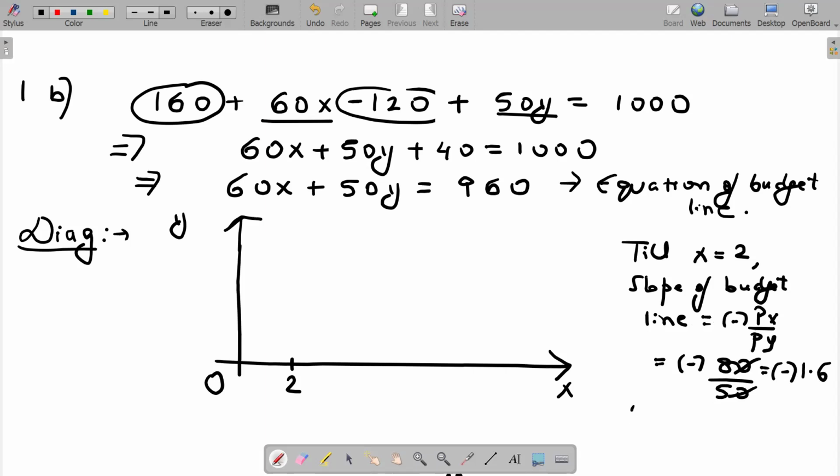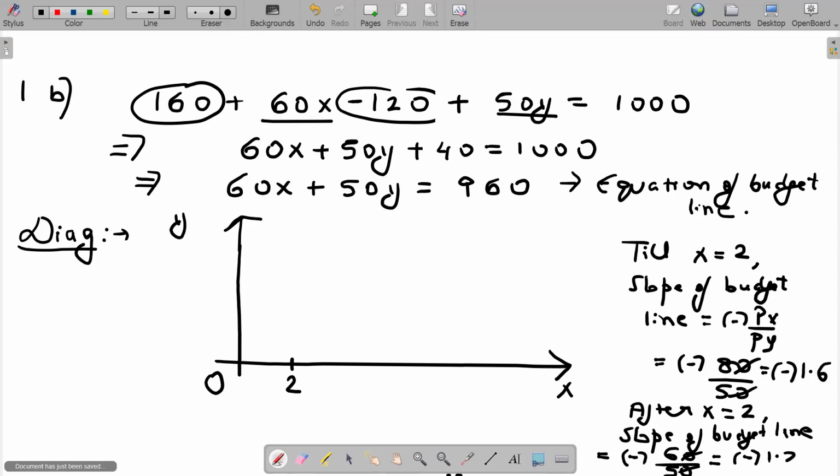But after X equal to 2, slope of the budget line will be again minus Px by Py. The price you pay after X equal to 2 is 60 over 50. So how much is 6 by 5? That's minus 1.2. That means in absolute terms, the slope is falling. The line will become flatter.